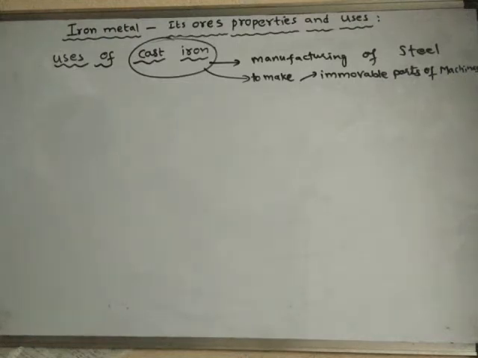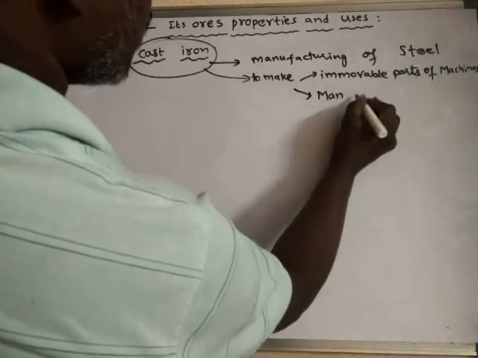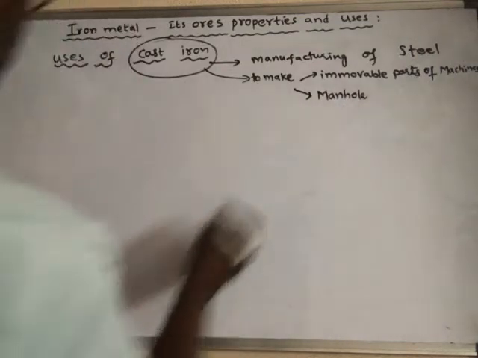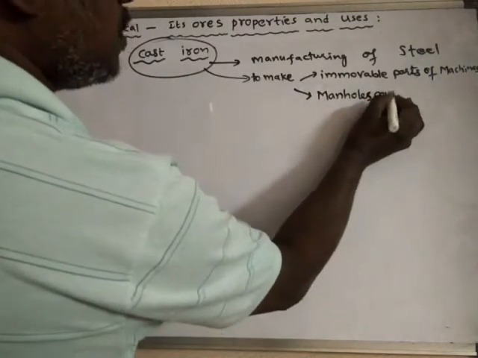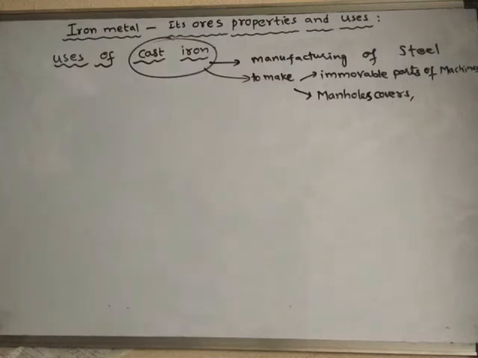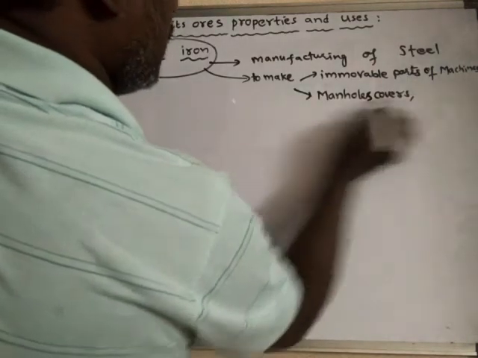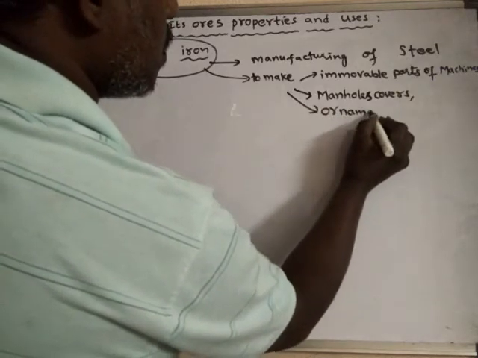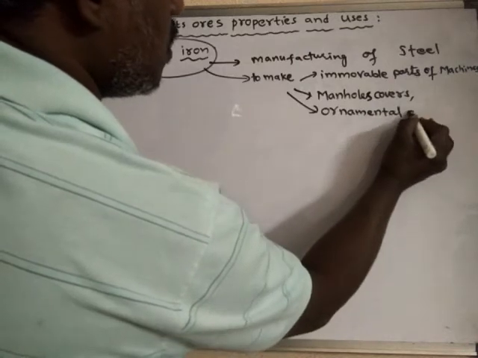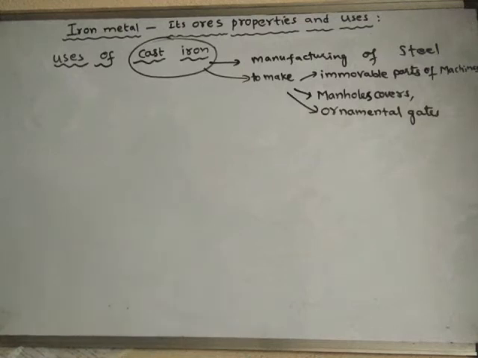Next, it is used in the manufacturing of manholes, meaning manhole covers. Manhole covers are made from cast iron, and also ornamental gates. That means the gates which are decorated; we can easily decorate with the help of cast iron.